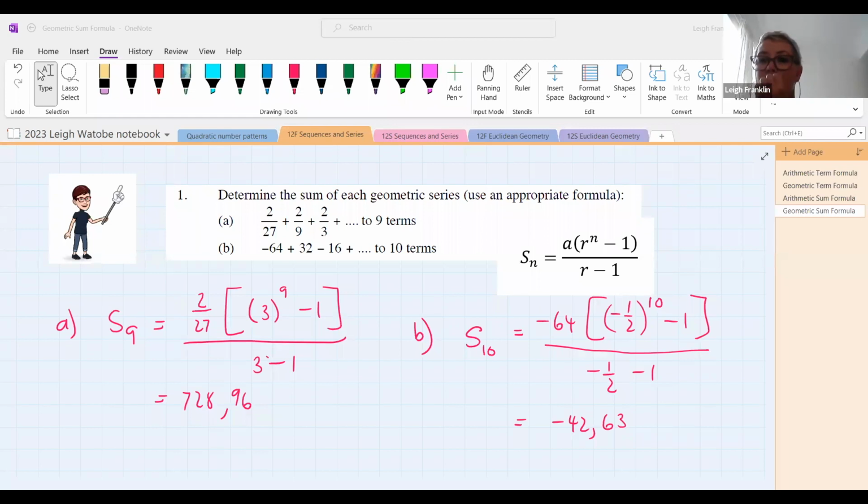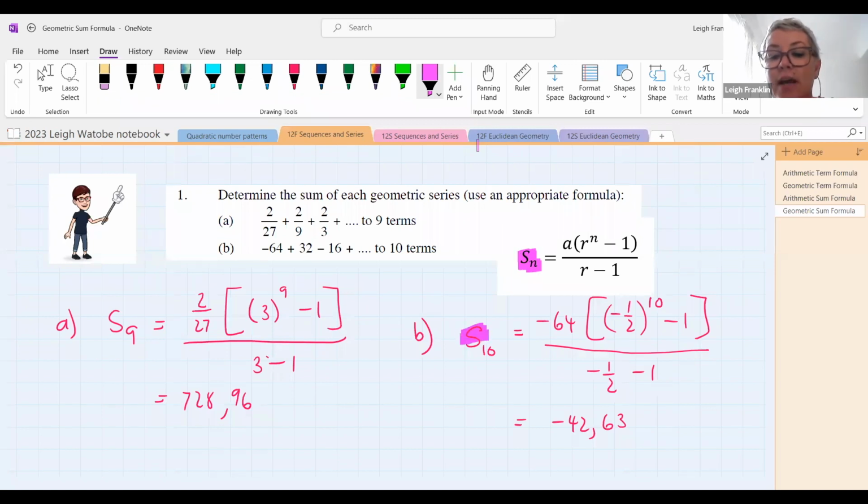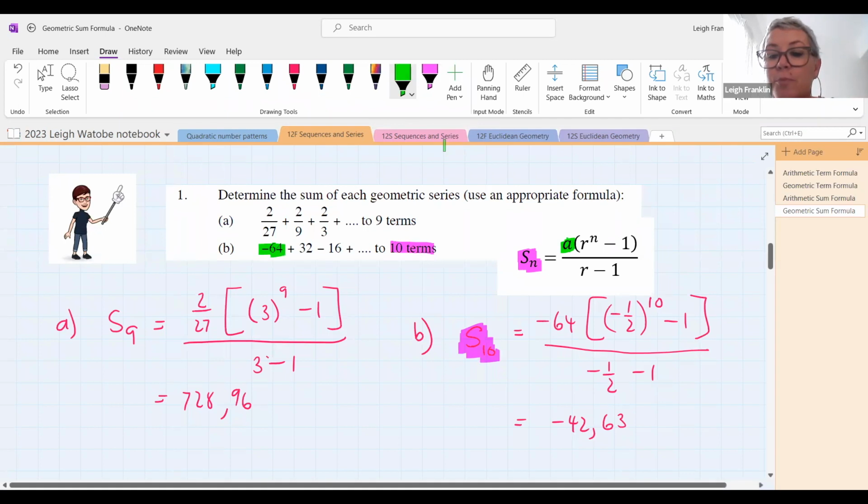I got lost from the beginning because I just got the network right now. Okay, so we're just subbing into this formula, which is our geometric sum formula. So that's what they're asking us to calculate. So the sum to 10 terms. A is always our first term. So there's A, there's our first term, and there we've gone and subbed it in here.